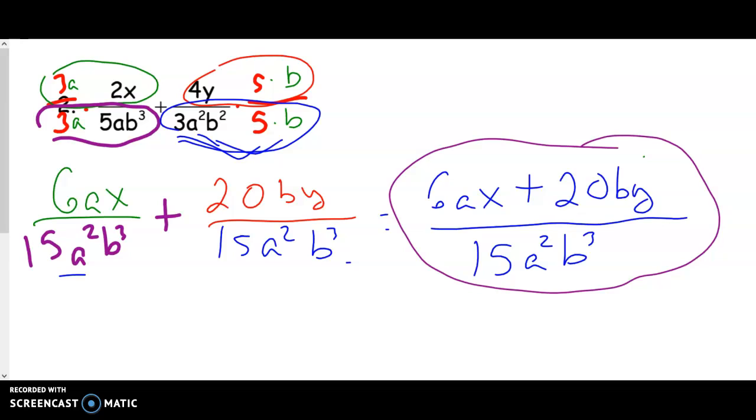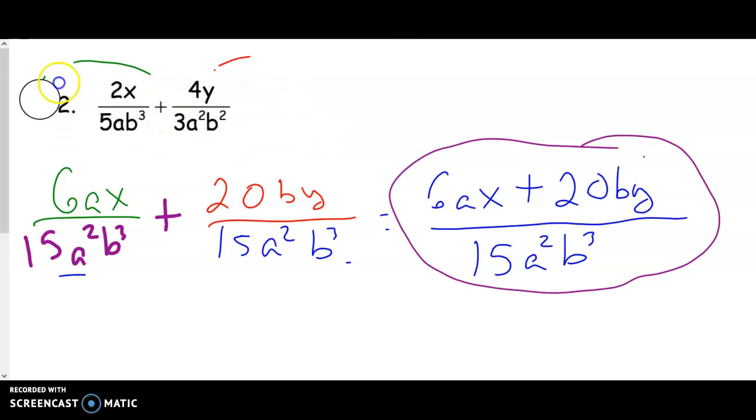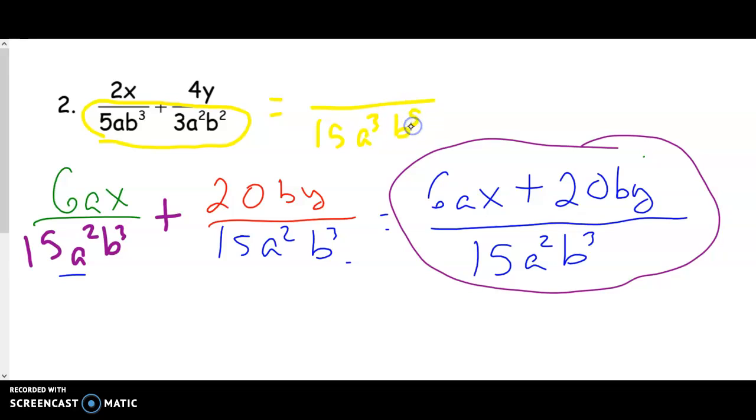Now, had we gone the other route that I mentioned, again, it would have worked just fine. In fact, I'll go ahead and do that here as well. So we would have to reduce a bit more at the end. So if I multiply these two together, we would have got 15a cubed b to the 5th.